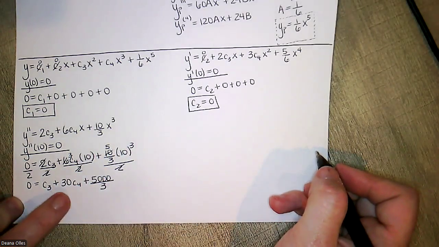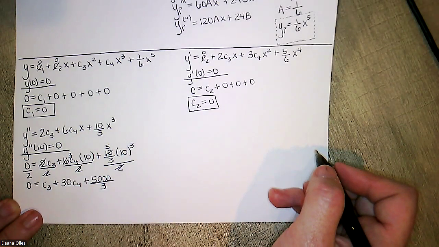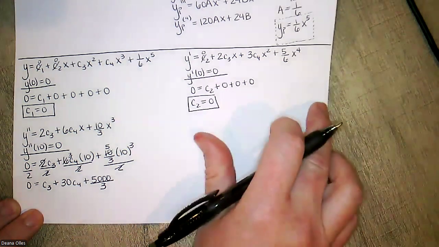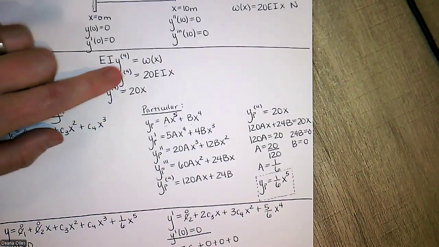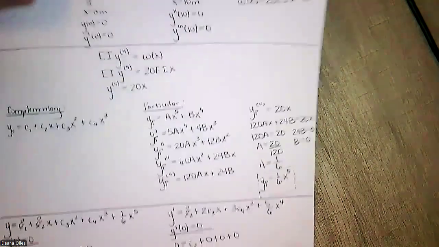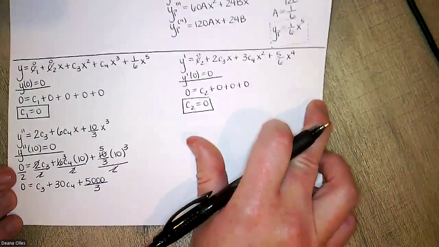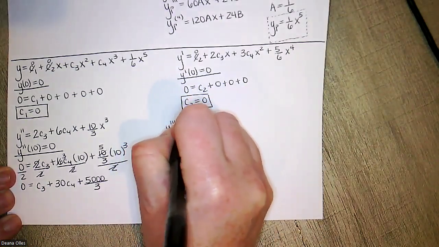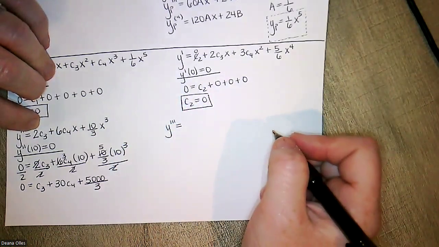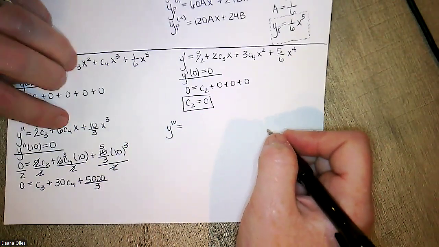So that's still an equation in 2 unknowns, which I don't love. Let's see if I have another condition to help me. Yep, I need a third derivative. So third derivative, y triple prime. Derivative of 2C3, that's a constant, that'll be 0.